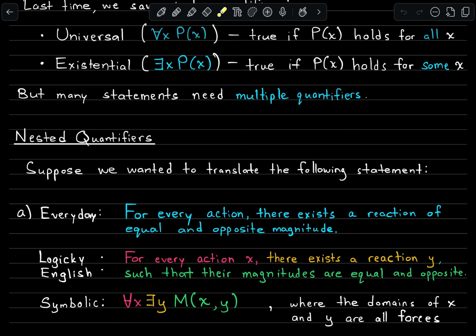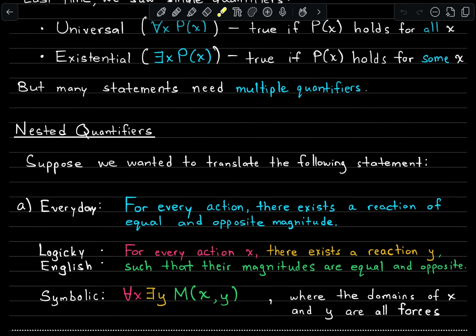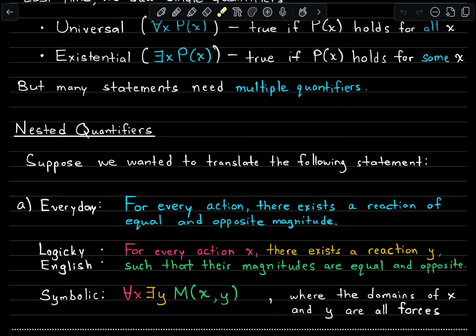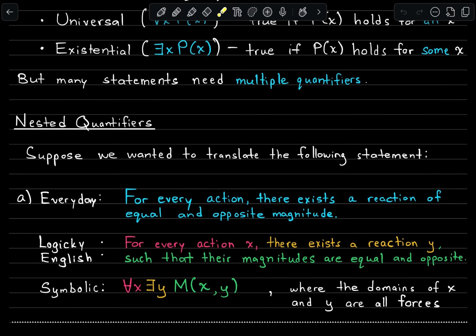Right, so the forces in physics to which this applies. So this is our first sort of combination of quantifiers. Okay, we're nesting this universal quantifier with this existential quantifier. And what this allows us to do is that it basically says that for everything in this domain, there's something, some y that goes with it. Okay.